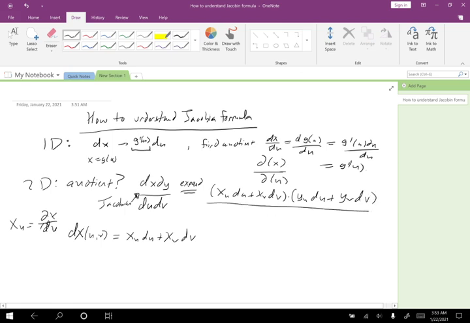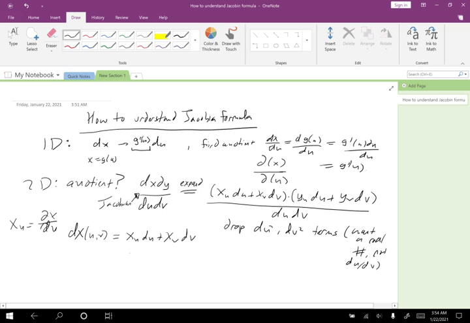All this is going to be divided by du dv. Okay, so because this is a quotient in du dv, I'm going to drop the du squared and dv squared terms, because we want a real number, not something weird like du divided by dv.